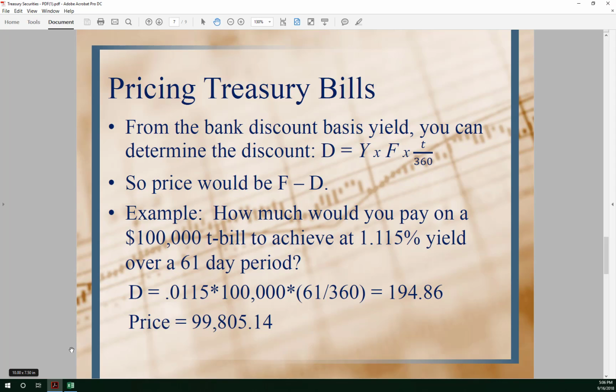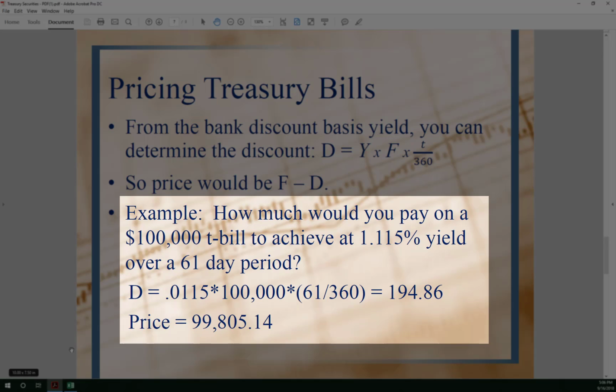So let's look at one other example here. How much would you have to pay on a $100,000 T-bill to achieve a 1.115% yield on a bank discount basis over a 61-day period? So if we plug the pieces into the formula here, we're going to have 1.115% times $100,000 face value times the T of 61 days, divide that by 360.